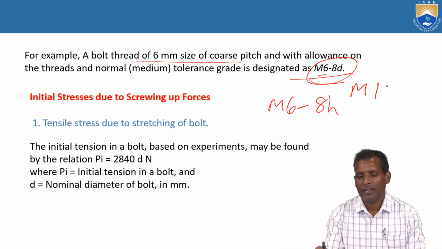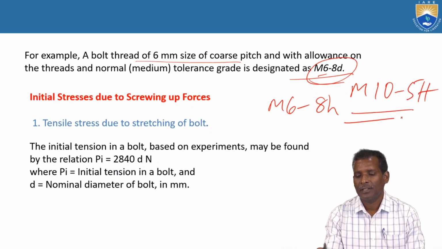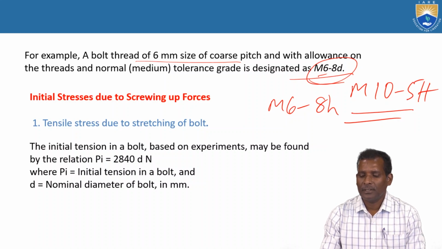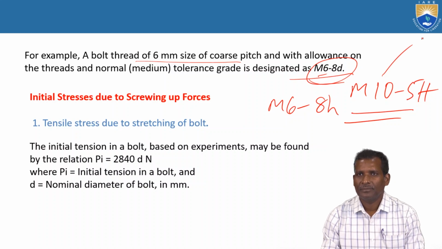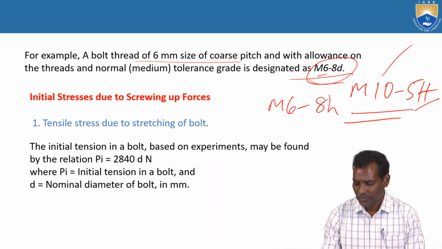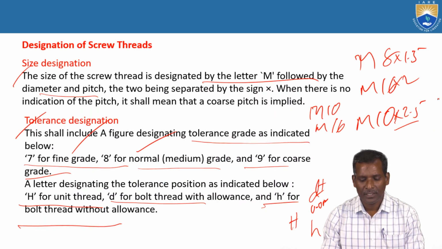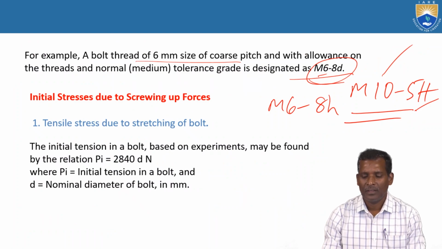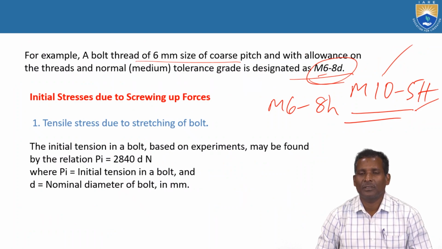Suppose here M10 5 capital H. It means a thread of 10 size of coarse pitch, with allowance on the threads, and tolerance grade here H, that is for nut thread. So like this you have to designate the screw threads.